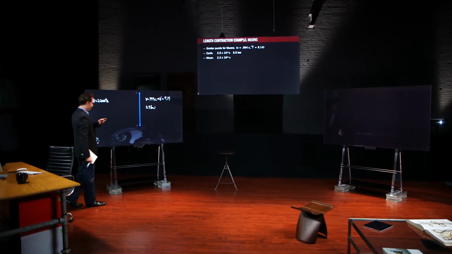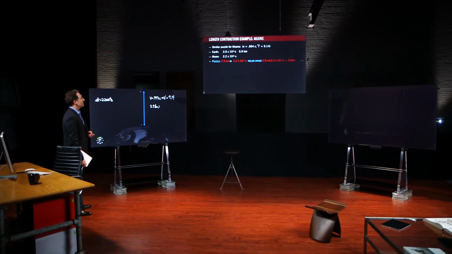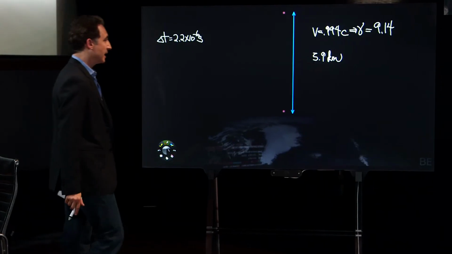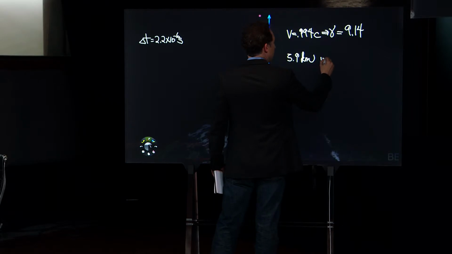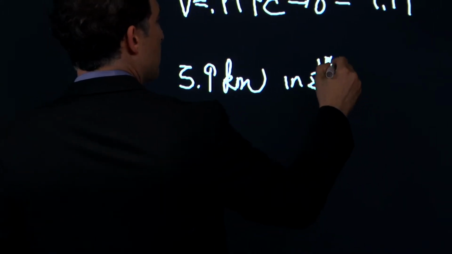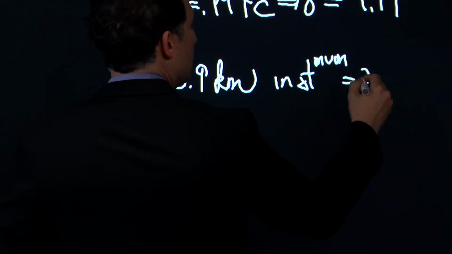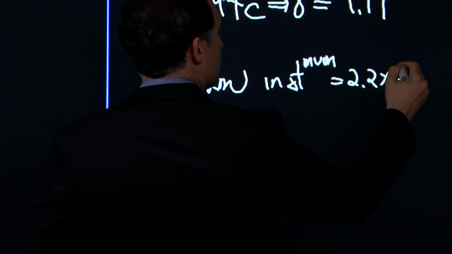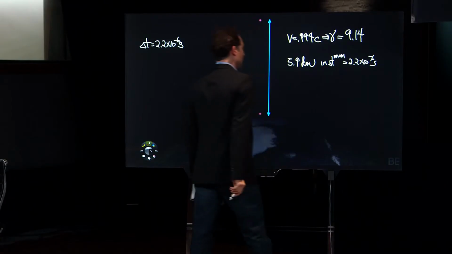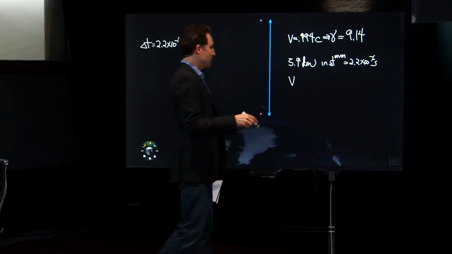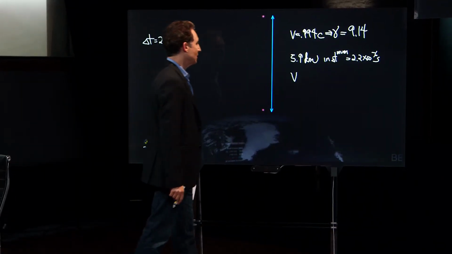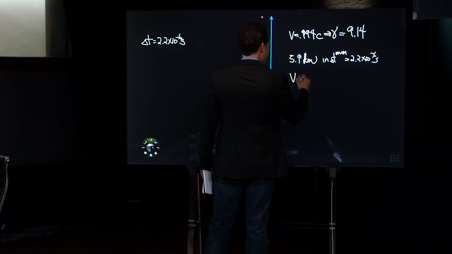The question is, what does that mean for the speed of the muon? Because again, if it travels 5.9 kilometers in a time, from its perspective, of 2.2 times 10 to the minus 6 seconds, then you can get a velocity of the muon with respect to the Earth just by doing distance divided by time.